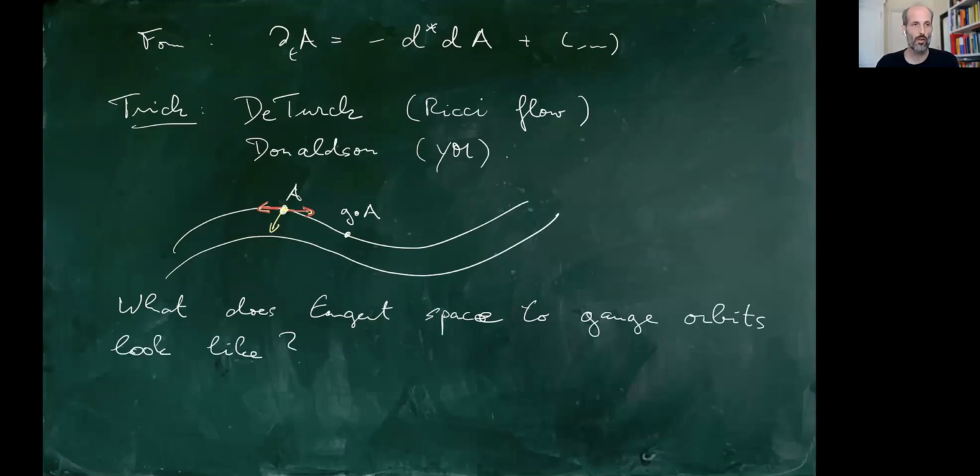Well, what we have to do, if we want to see what the tangent space looks like, is basically take a curve that stays on that gauge orbit, differentiate the curve, and see what the thing we get looks like. Okay, so that's going to tell us what the tangent space looks like. So you look at a curve t goes to g(t) acting on A, right? So you take a curve like this, and then you differentiate this in t, and you see what you get.